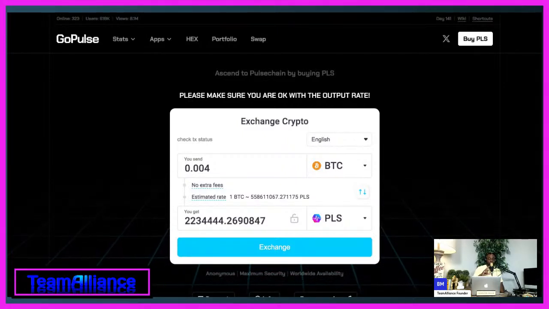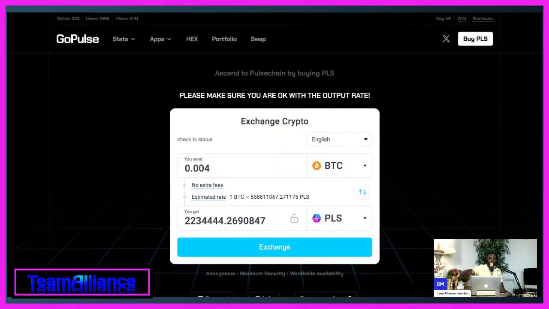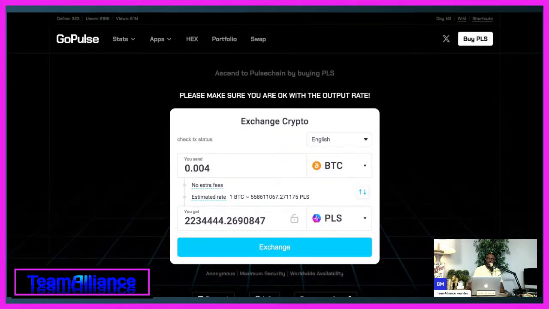So the only gas fee that you're going to pay is the one-way gas fee when you bridge it over to the Ethereum network. And as a matter of fact, are you even paying gas coming from the PulseChain to the Ethereum network? That's a good question. I know that you're going to pay gas, but which gas are you going to pay? You going to pay Pulse? Because you're paying the bridge fee. The bridge fee is 0.3%.